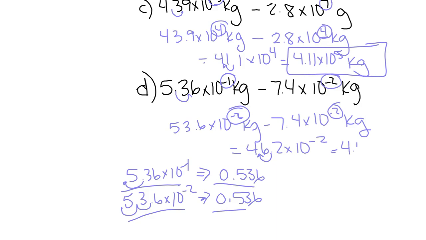It'll be 4.62 times 10 to the negative 1 kilograms. We take it times 1,000 to convert it into grams. Or that would be like saying we take this negative 1 plus 3. So our answer would be 4.62 times 10 to the second grams.